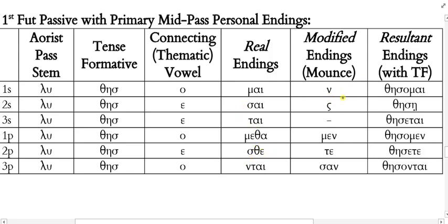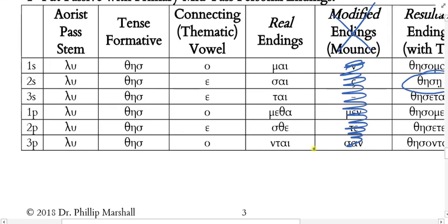And then the modified endings are not needed. We don't have any modified ones here. I accidentally left that column in. So we're going to get thesomai, these, thesetai, thesometha, thesesthe, and thesontai. This second person singular form is the only one that is problematic. Why is it a problem?